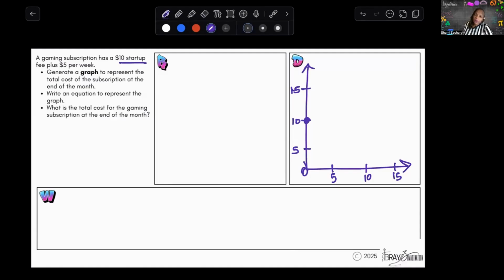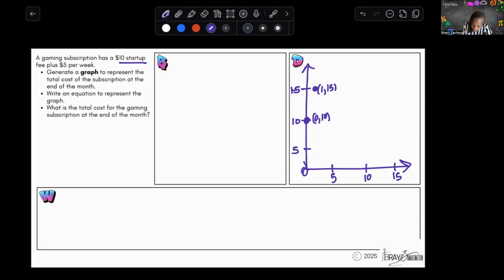Okay, so in week 1, I've got to pay my startup fee plus the $5 for the week. So then that means that at week 1, I'm going to be at 15. Then at week 2, I'm going to have to pay my startup fee plus 2 weeks of fees.